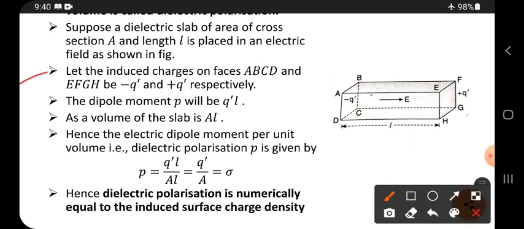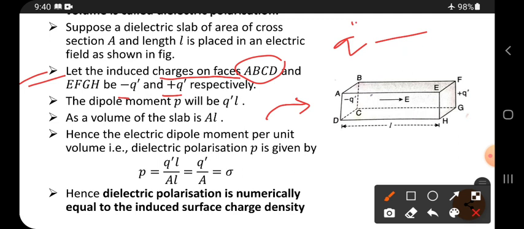Here I am going to consider the two faces. Let the induced charges on the face ABCD and face EFGH be minus Q dash and plus Q dash. Induced charges means the charges generated inside the substance itself, rather than charges brought in from outside.